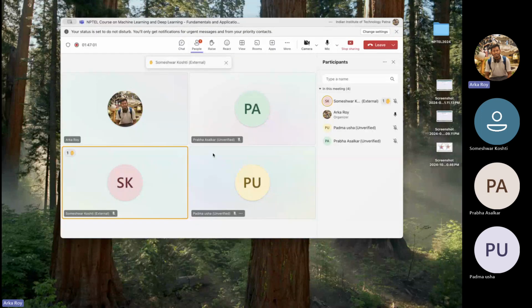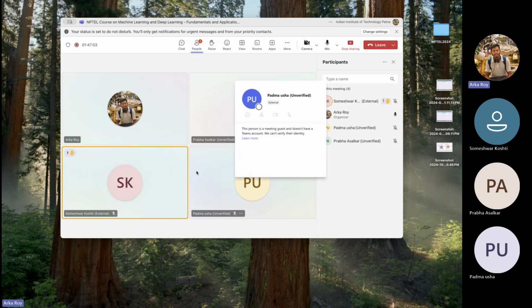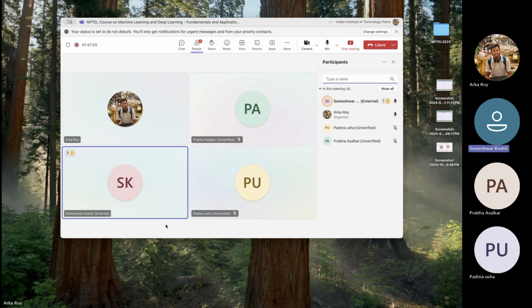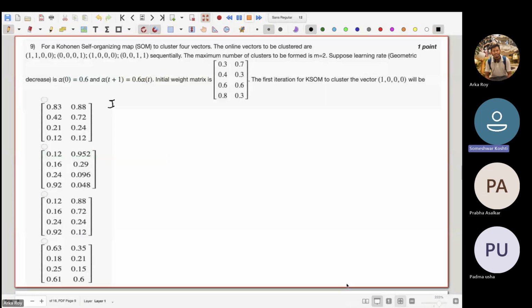Yeah, I think Someshwar has some query. Yeah, hi. Actually, I have addressed this problem and I got it correct. There is ambiguity in the question, so it is not very clear what they want to ask us.